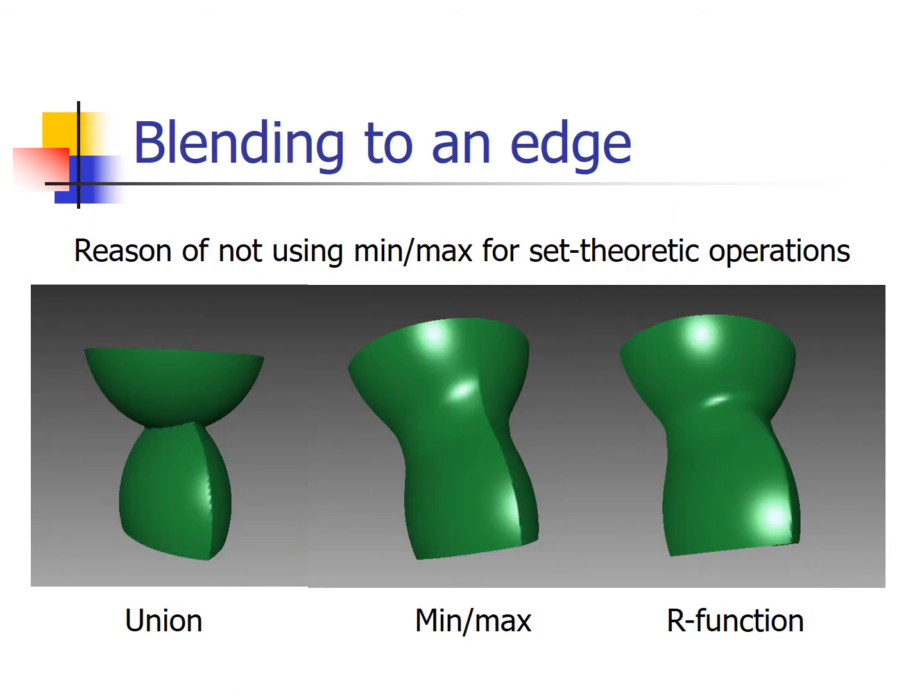On this slide you can see the advantage of R functions as set theoretic operations in comparison with min-max functions. When we apply a blending operation to the object produced by min-max operation, we can get such artifacts as unwanted edges, middle picture on the slide, while the R function gives a good result, right picture on the slide.